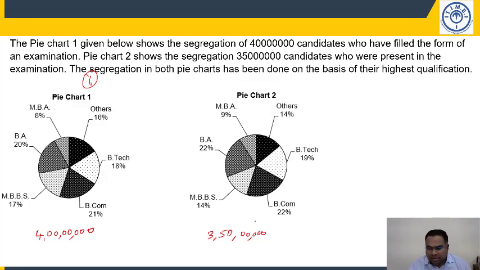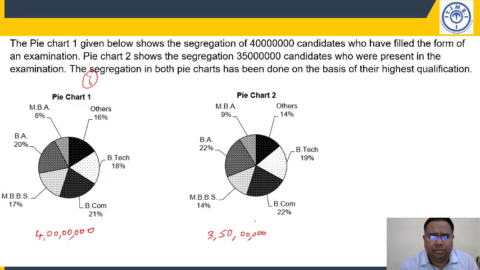I want the maximum number of absentees. When we look at the maximum number of absentees, you should have maximum form filling plus fewer students appearing for the exam. We should have maximum form fillings and the least number of people appearing for the exam. There, absentees will be more.